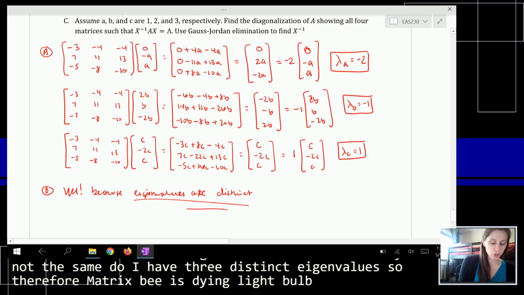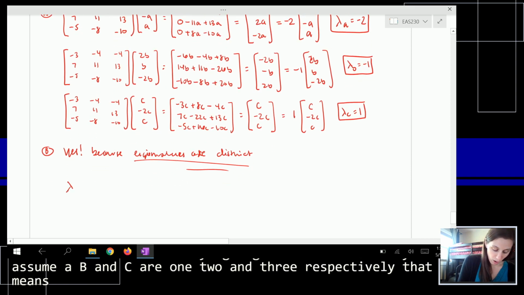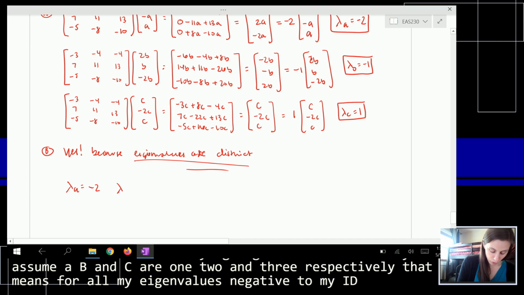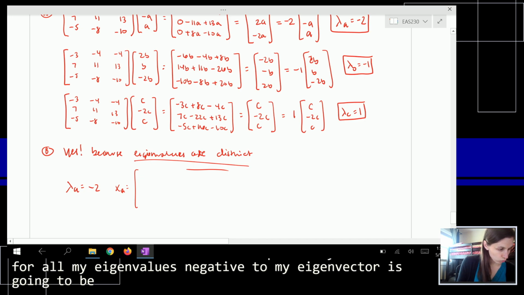And then it says C. Assume A, B, and C are 1, 2, and 3 respectively. So that means for my eigenvalue -2, my eigenvector is going to be 0, -1, 1.